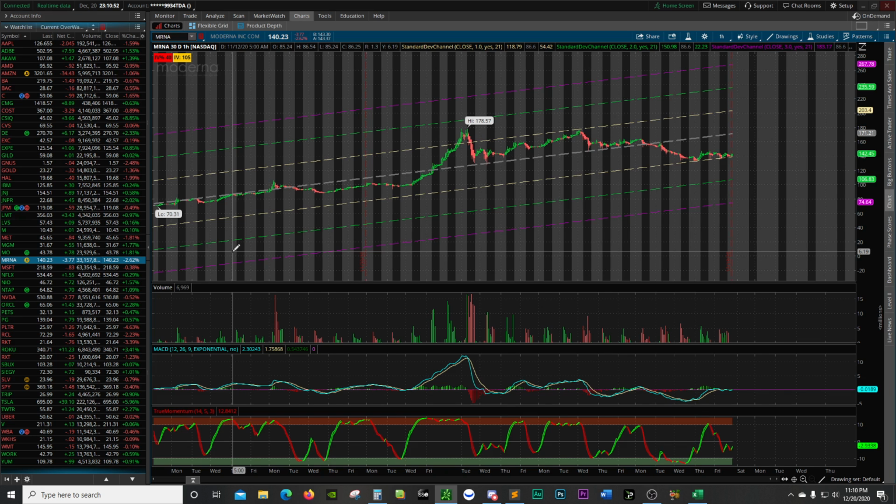Do you know where resistance is? If somebody says, "Where's Moderna's stock price resistance at?" and you can tell them without looking at the chart, then that's something you should probably trade more often than not, right?